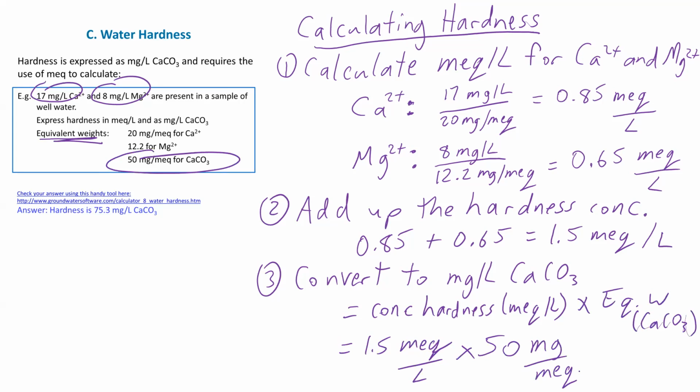You can see my units cancel out, the milliequivalent per liter cancel out, and I'm going to get milligrams per liter. All right, looks like I left just enough space to put in the final answer, and it should be 75. So 75 milligrams per liter, and the full unit is milligrams per liter calcium carbonate.